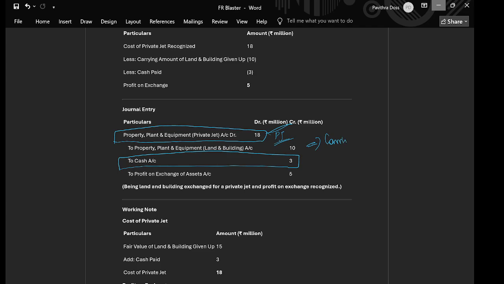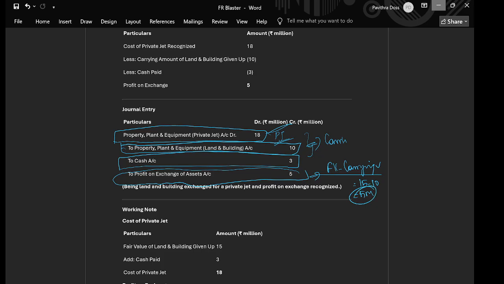So the carrying amount, what is that? We will take it out from the books. For that we are crediting it at the carrying amount, which is 10 million, and the difference is going to be the profit on the exchange of the asset. This profit on the exchange of an asset is nothing but the fair value minus the carrying value, which is 15 minus 10, which is 5 million.